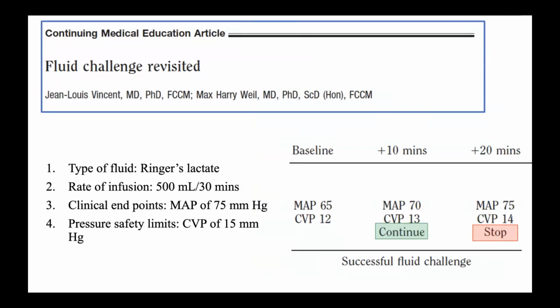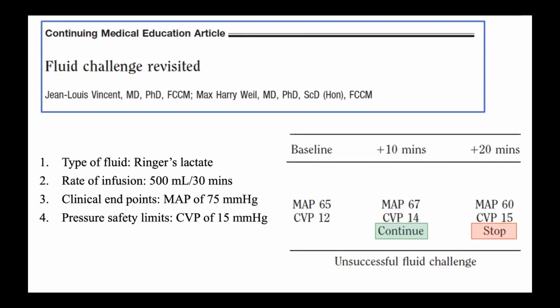So if you started with a baseline MAP of 65 and CVP of 10 millimeters of mercury, at the end of 10 minutes, the MAP has increased, but CVP has not increased too much. You continue to give fluid, and at the end of 20 minutes, you stop giving fluid because your MAP is achieved and the safety limit is not exceeded. And this is a successful fluid challenge.